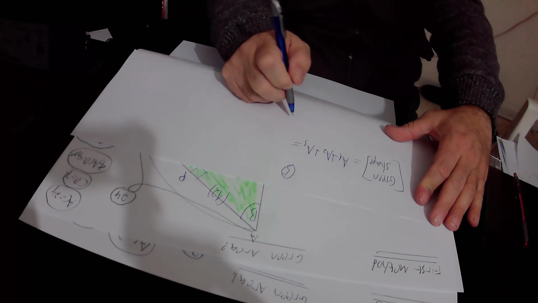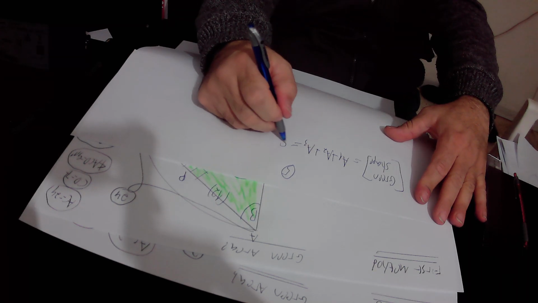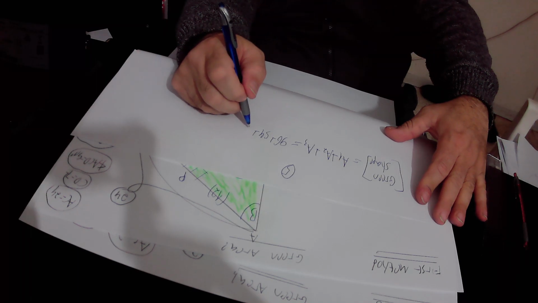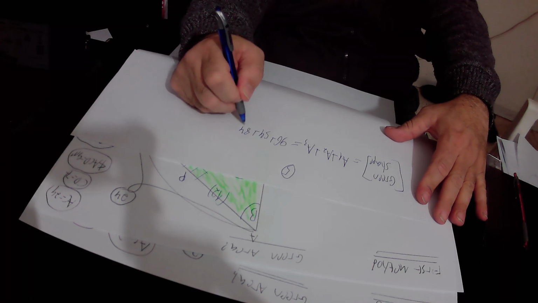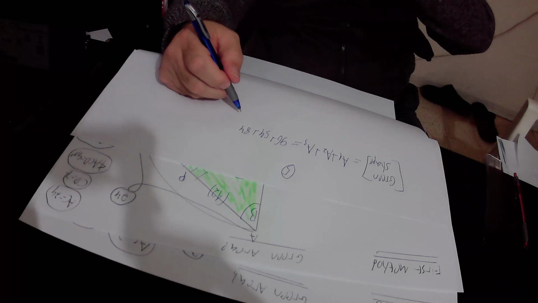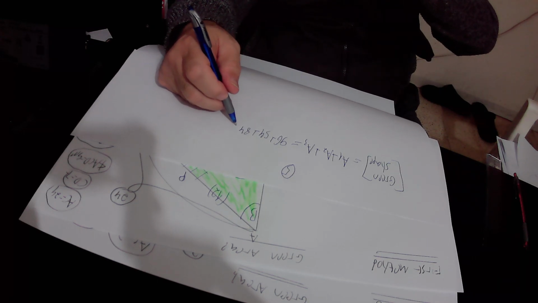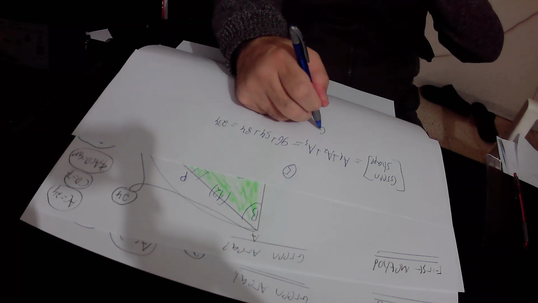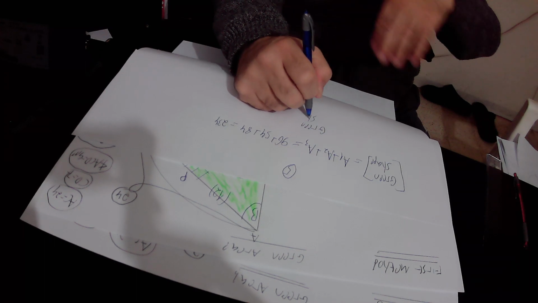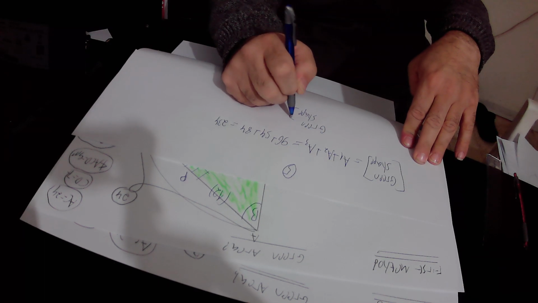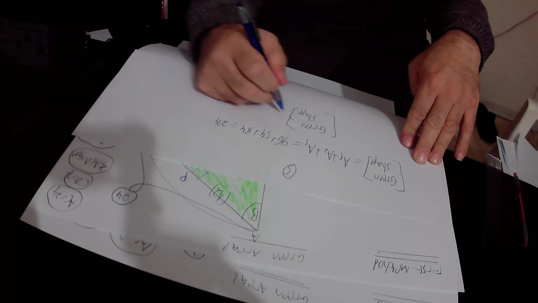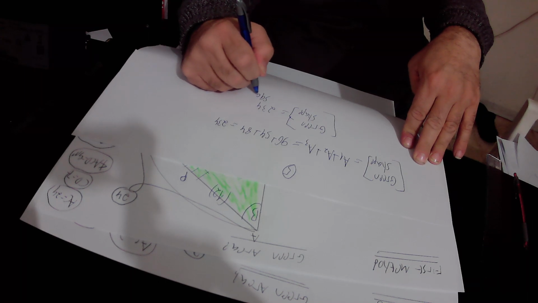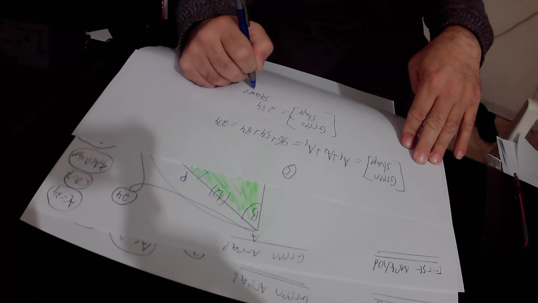A1 equals to 96, A2 equals to 54, and A3 equals to 84. 96 plus 54, it is 150. 150 plus 84, it is 234. So the area of the green shape in total is equals to 234 square units.